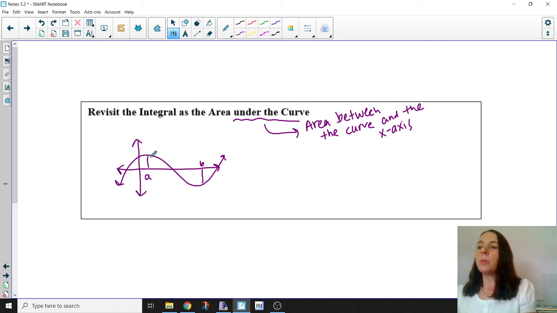When I say area under the curve, it's the area from the curve to the x-axis, which would be here. When the curve is above the x-axis, it is under, but only to the x-axis, of course. But when the curve is under the x-axis, the area is actually above the curve. It's up here.